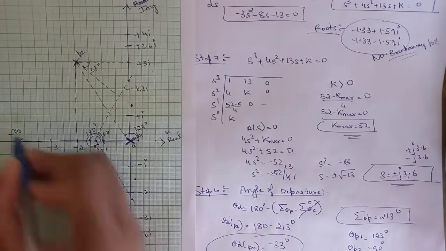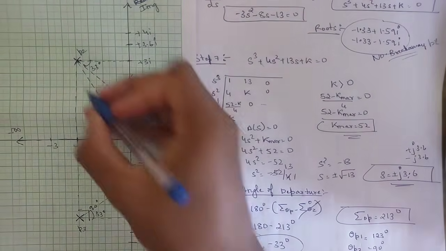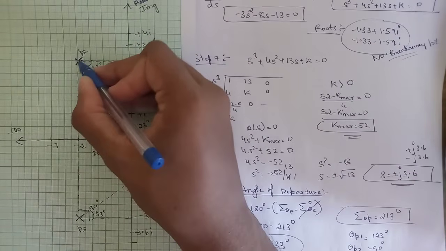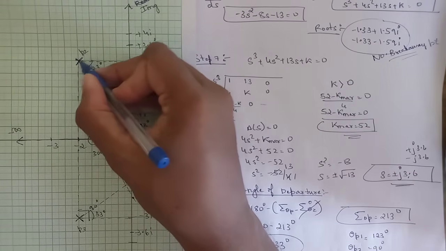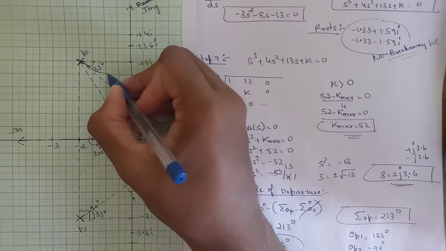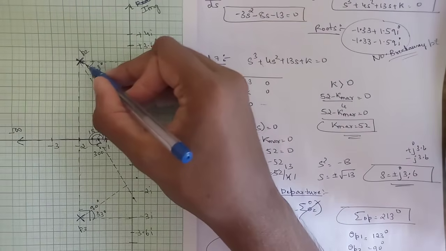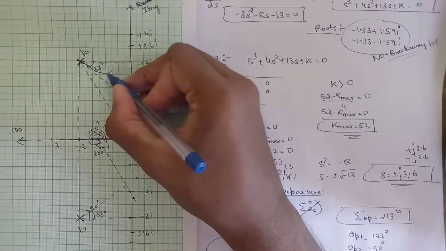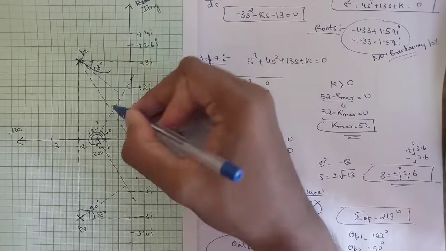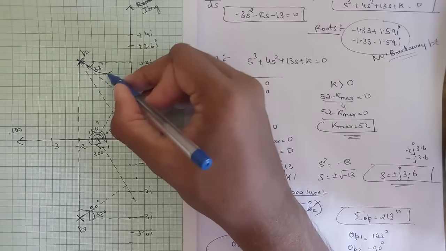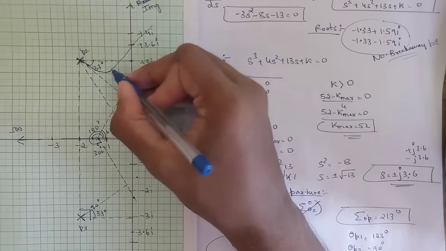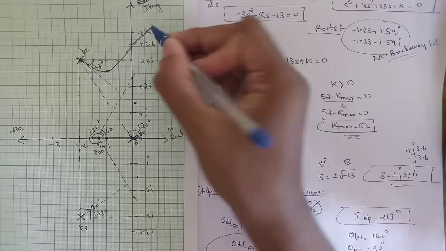It is directly moving towards infinity, and from these two poles, one branch would be bending at an angle of 33 degrees, which is the angle of departure, and the angle of arrival to the point of intersection would be 60 degrees, and it would touch this point of intersection.